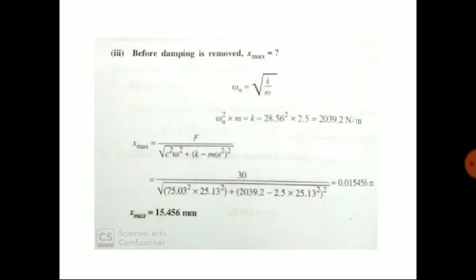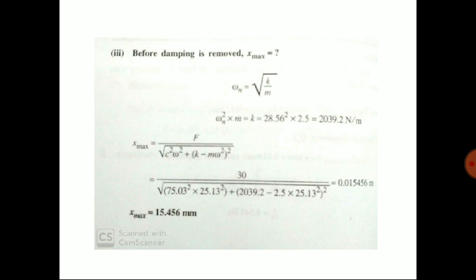Next we are moving on. Before damping is removed, what is the x max? So we are finding it before damping is removed, meaning we have to consider the first term also. So before damping is removed, we can find this with the standard equation x max equal to 0.015.